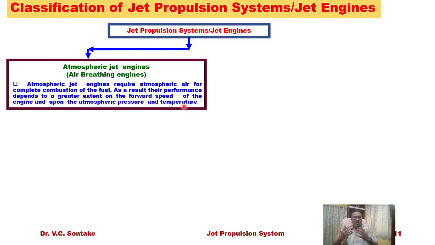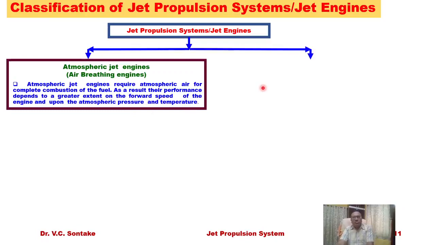We have discussed in the previous slide that the mass of the fluid and the speed of the jet both govern the thrust produced. So atmospheric jet engines are very much affected by the speed of the engine and atmospheric pressure and temperature.